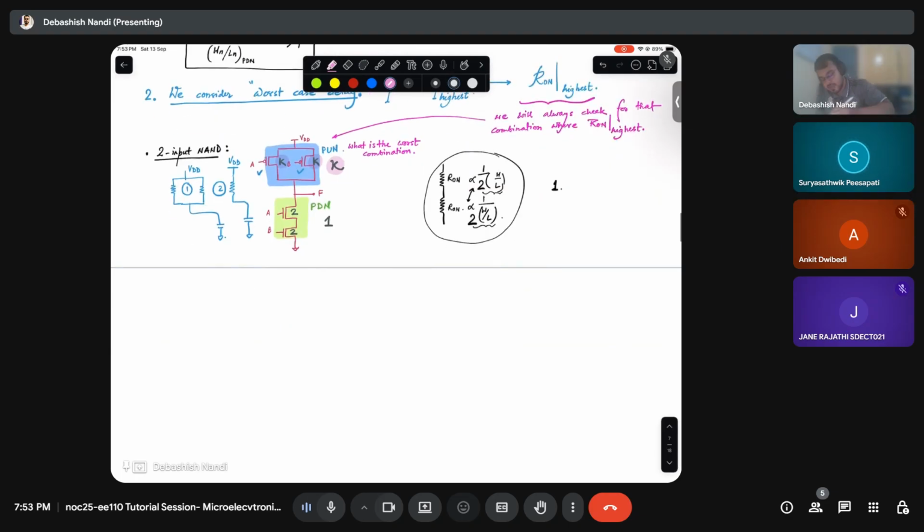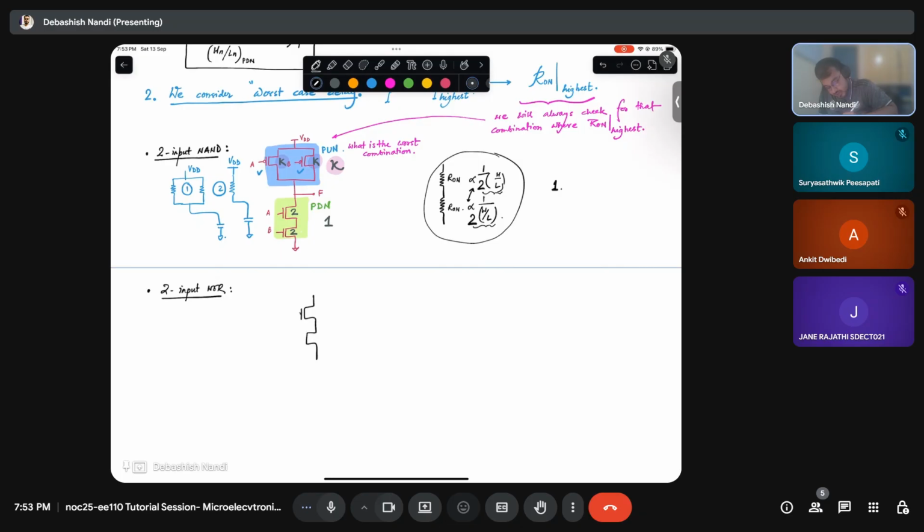So let me give you another example, for example, a 2 input NOR. How will the NOR gate look like? It will look something like this.